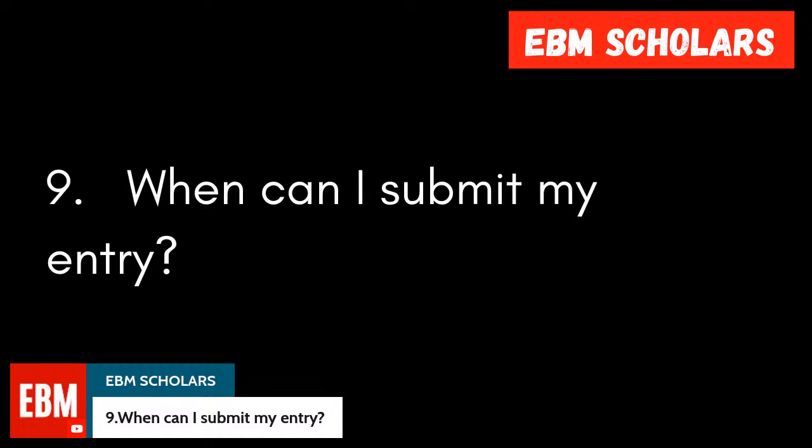Even if this question is not supposed to be here, the application is online, the application is free, and the application is only on the United States government website: www.dvprogram.state.gov.